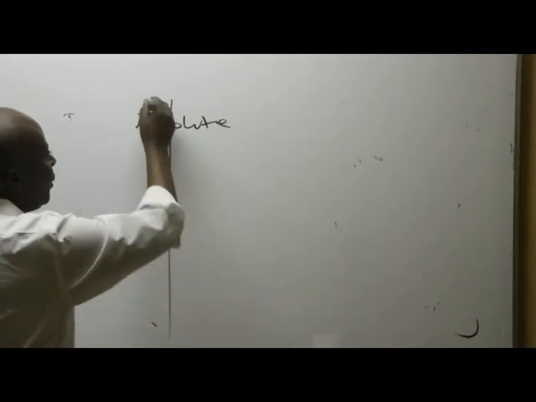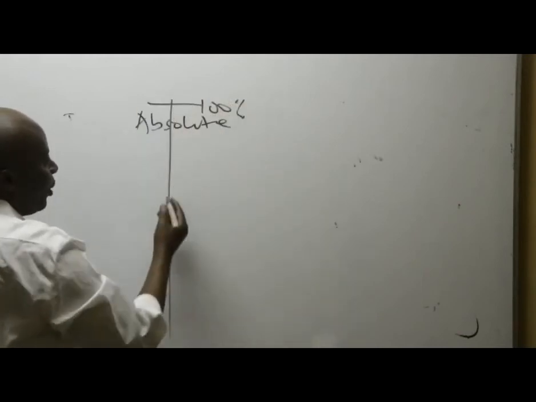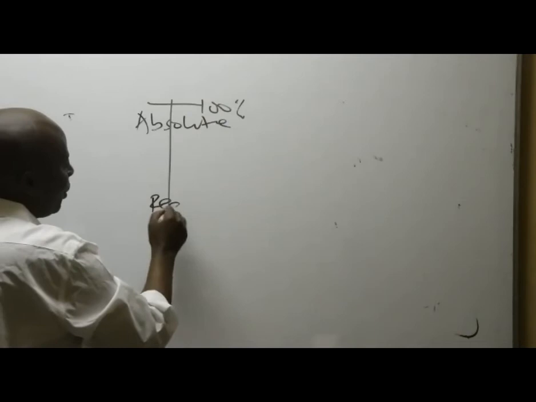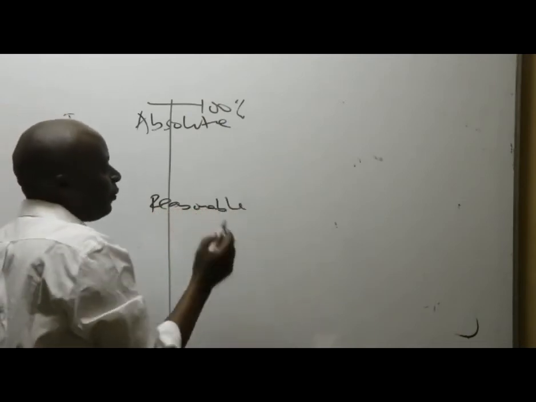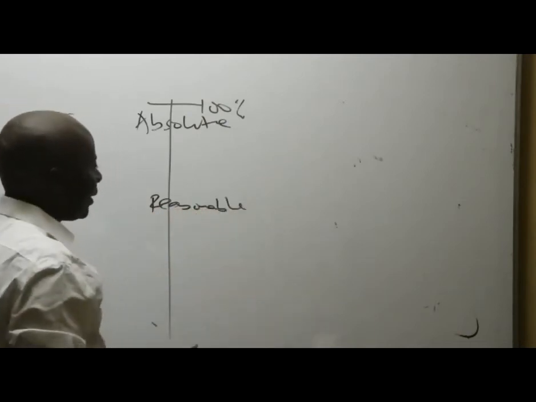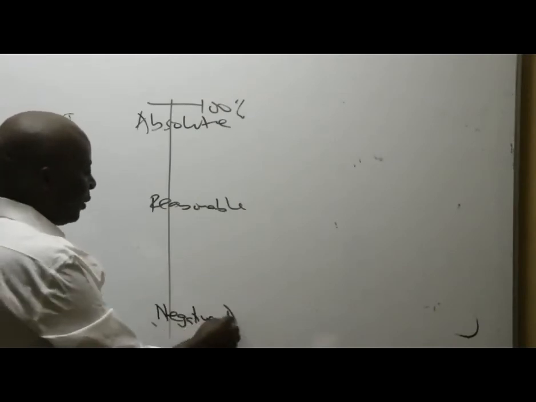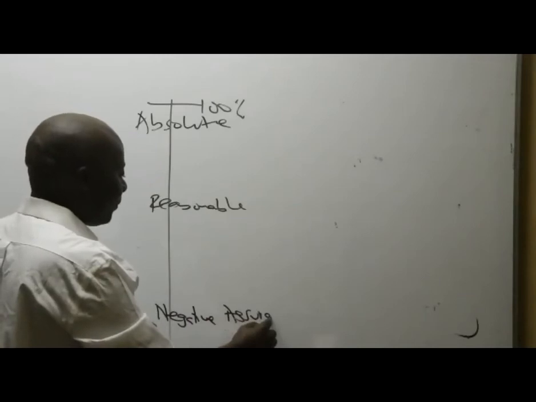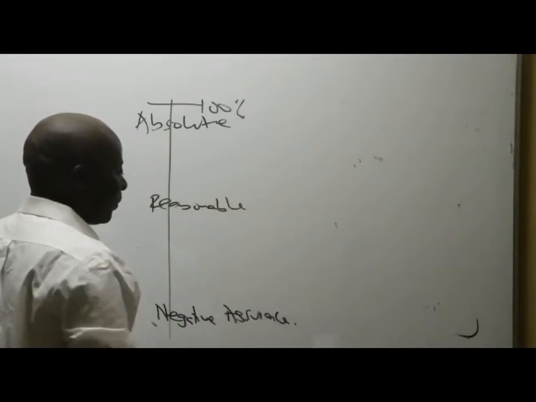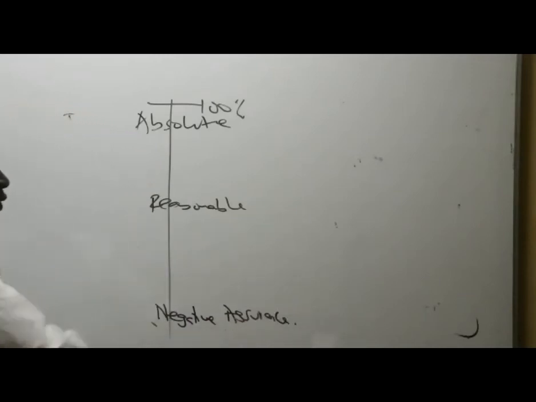We have what we call reasonable assurance, more than 50%, right? And then we have what we call negative assurance. And of course, no assurance at all.